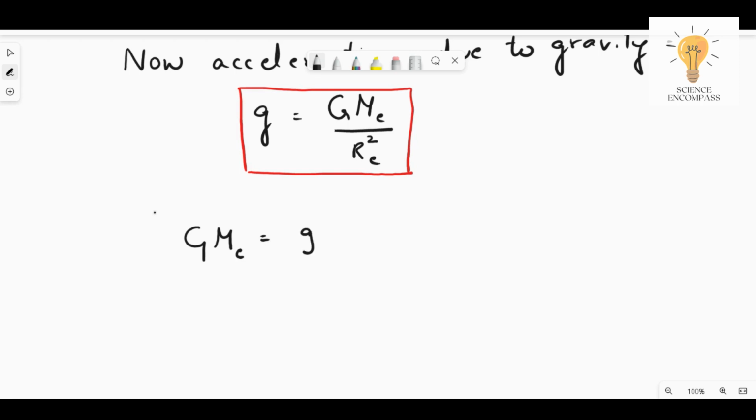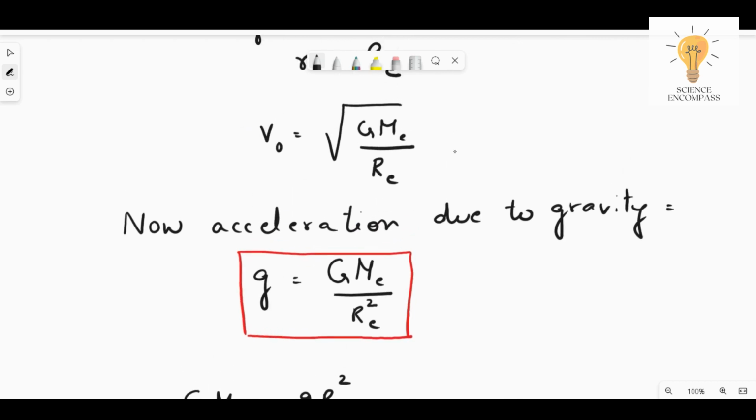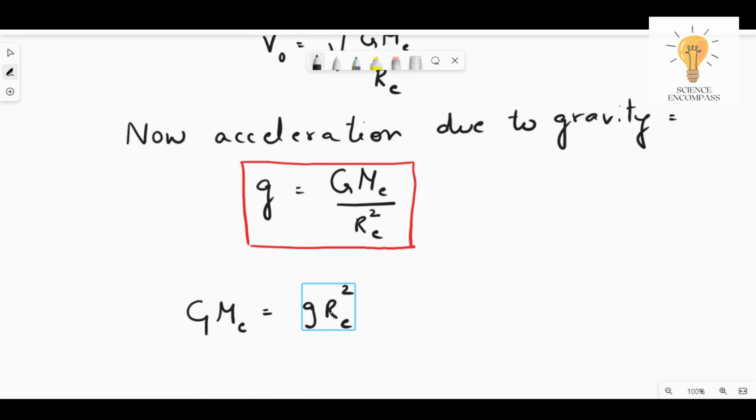So that's g and RE squared, the radius of the Earth squared. And now you see that GME is equal to this g RE squared. Let me go up again. You see here, instead of writing that GME, we can plug in this figure now.